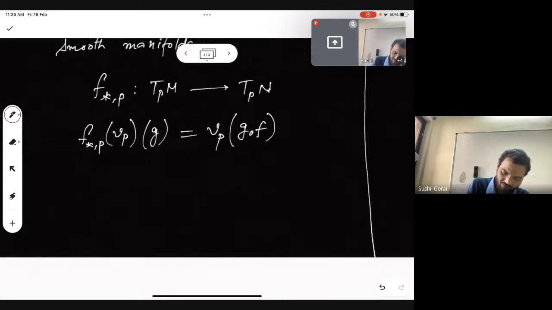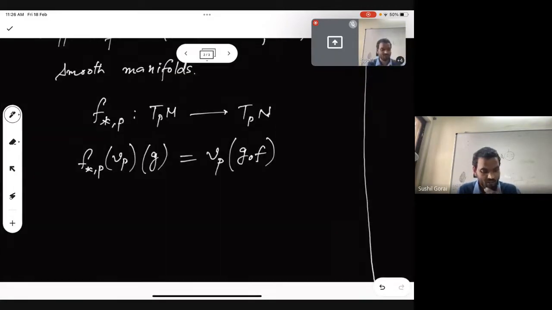All right. So this is how things are defined. Now, once it is defined, you can prove the chain rule. So what would be the chain rule? The chain rule.